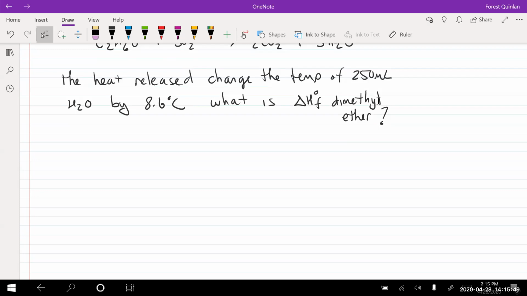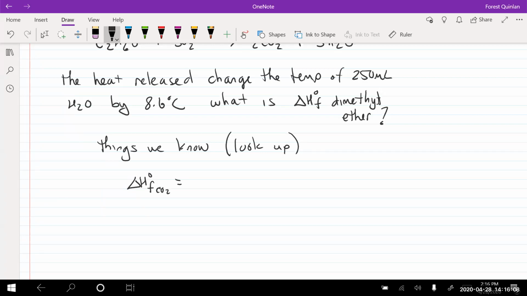So, things we know. Means we looked them up. The delta H naught of formation of CO2 is equal to negative 393.5 kilojoules per mole.